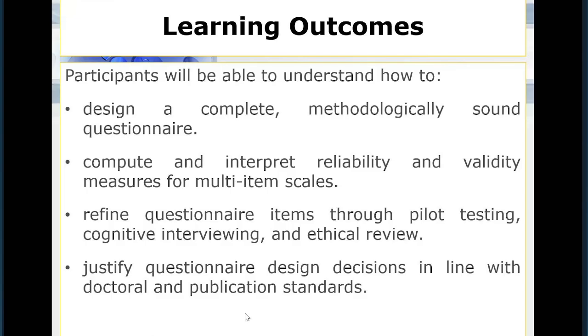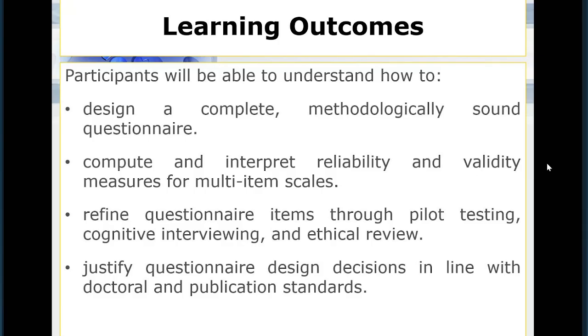I expect everyone will be able to understand how to design a complete methodologically sound questionnaire, compute and interpret reliability and validity measures for multi-item scales, refine questionnaire items through pilot testing, cognitive interviewing, and ethical review, and justify questionnaire design decisions in line with doctoral and publication standards.